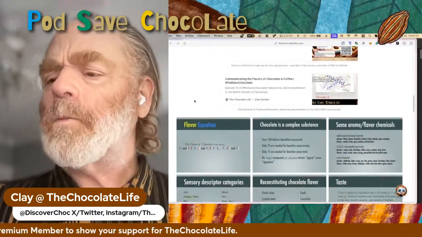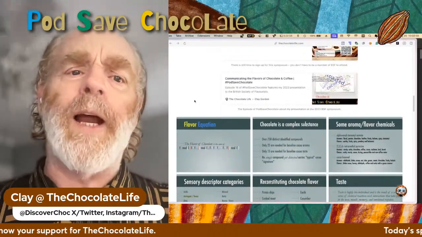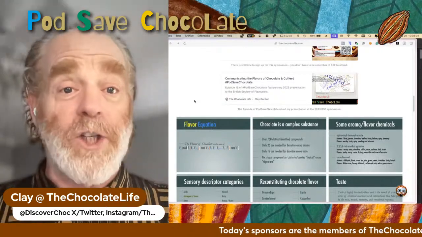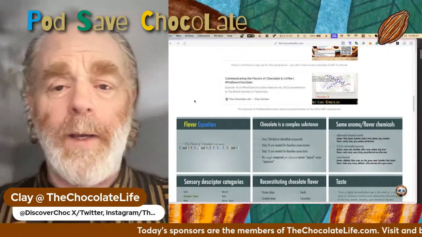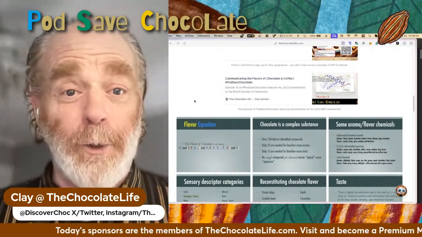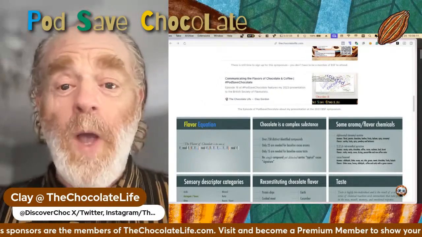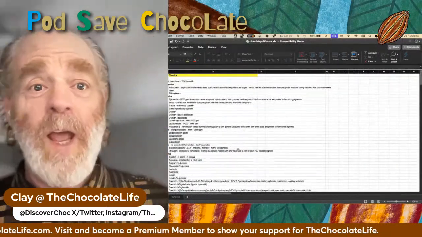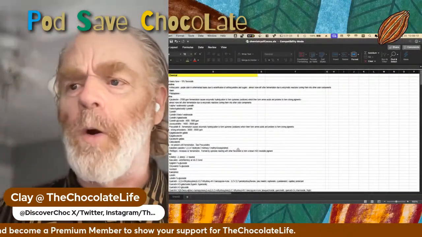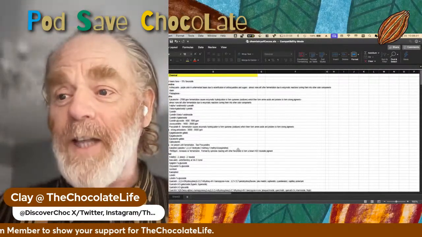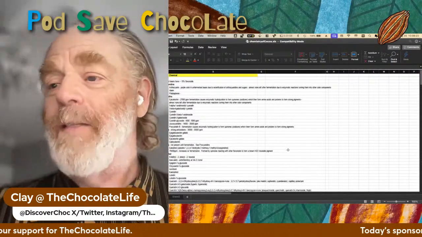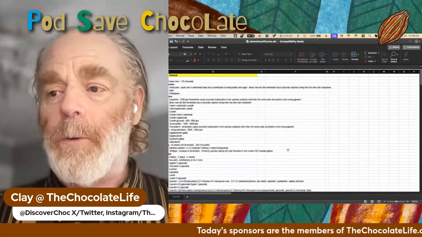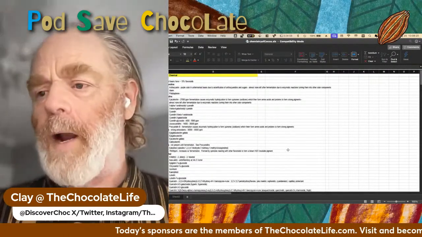So again, I think Zoe and I are going to be talking about why we are doing this. There's more to understanding the flavors of cocoa and chocolate than just analytical chemistry. One way of thinking about analytical chemistry is a spreadsheet I have, called Chemistry of Cocoa. It's a list of many of the chemicals you'd find if you were to run a prepared cacao sample through high performance liquid chromatography, HPLC, or gas chromatography.